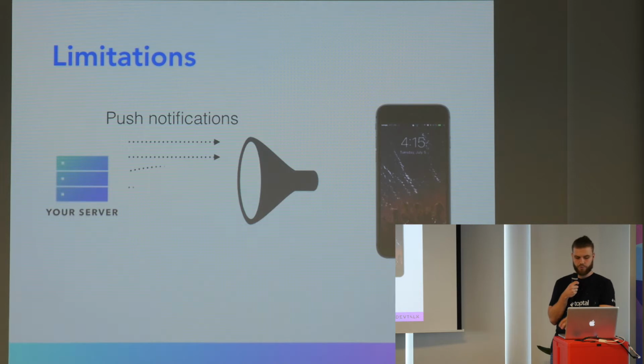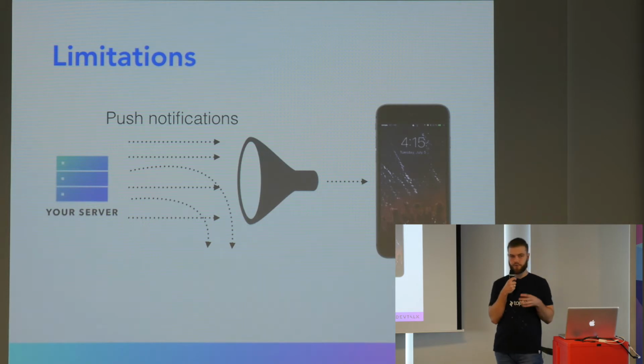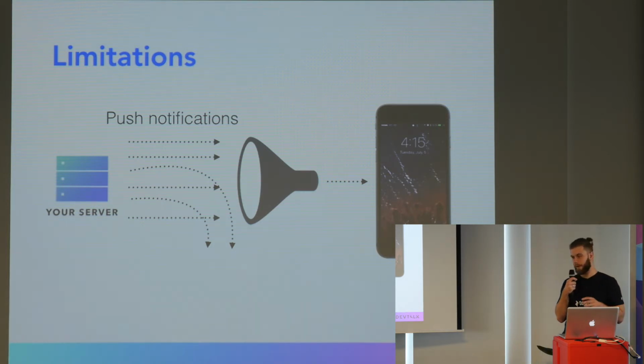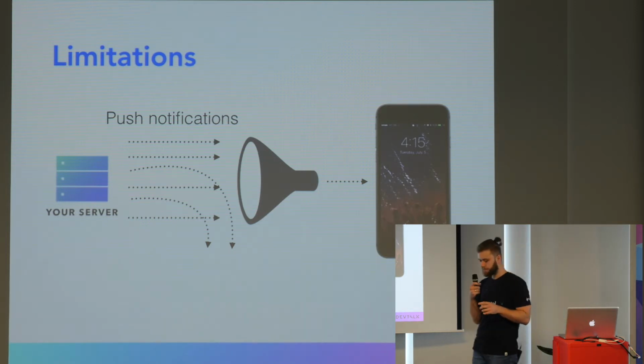But silent push notifications, like usual notifications, sometimes fail to be delivered, and some notifications are treated as spam. For example, if you try to send 1,000 notifications in 10 minutes, most of them will fail to be delivered. And there are even worse things that can happen with your push notifications.